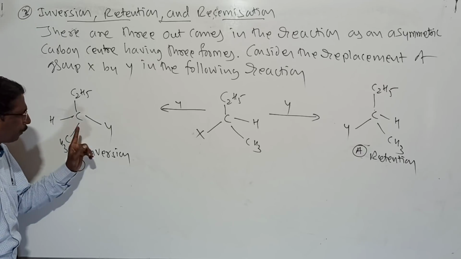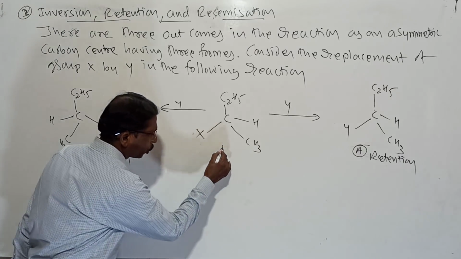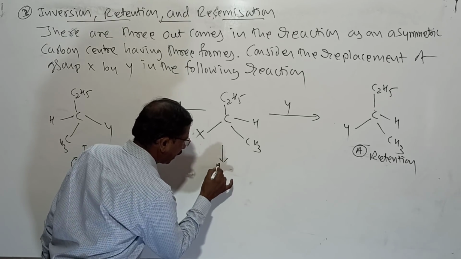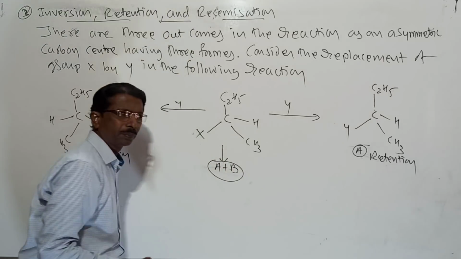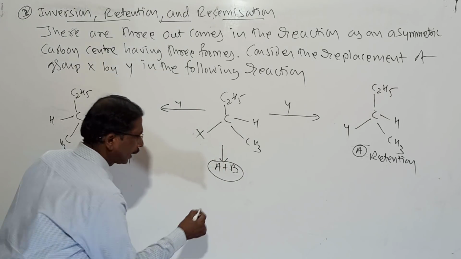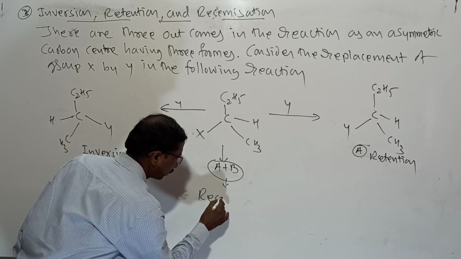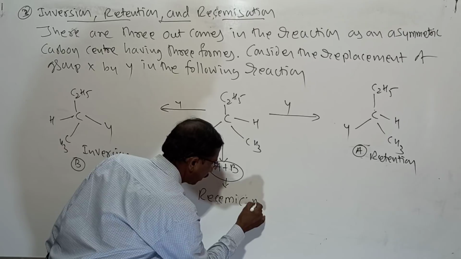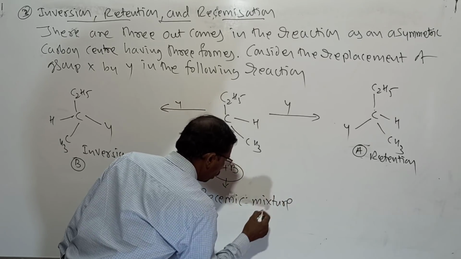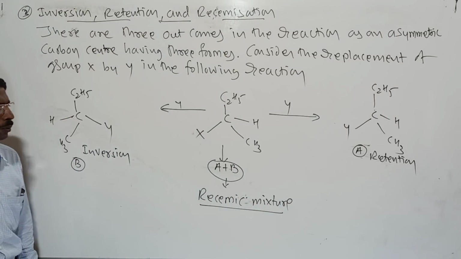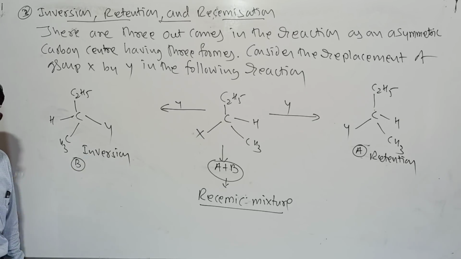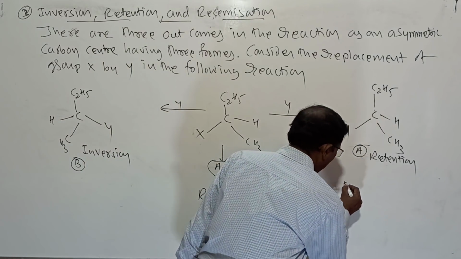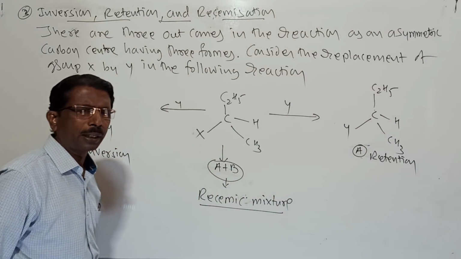And suppose these two, A plus B, combine, it gives a racemic mixture, which is optically inactive. You may write an example of this, tartaric acid.